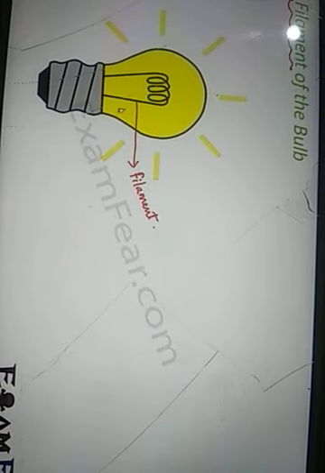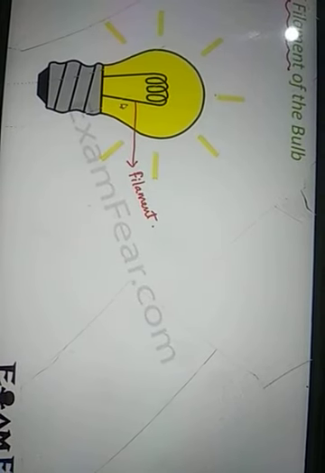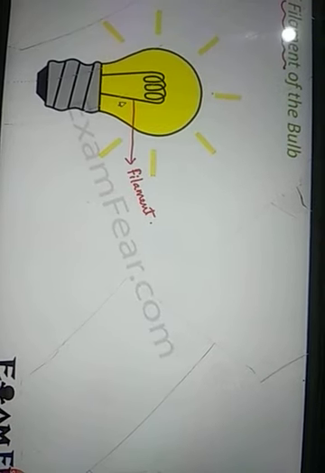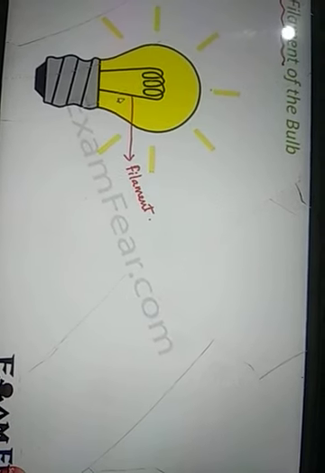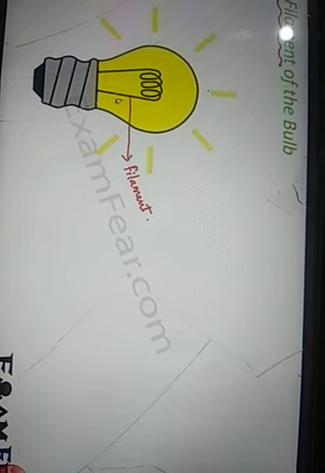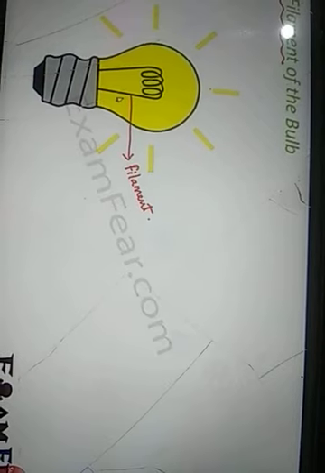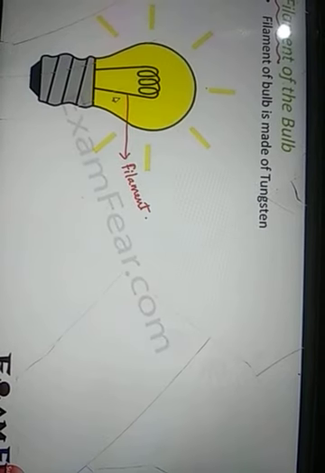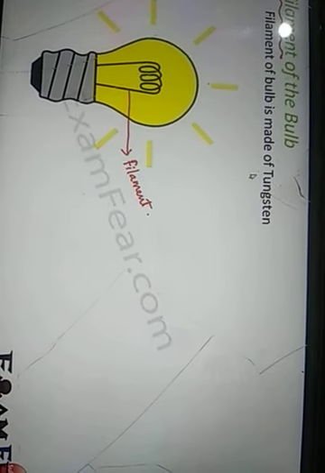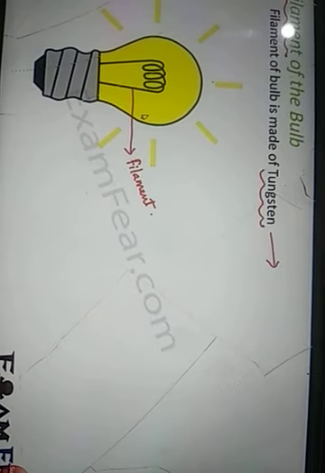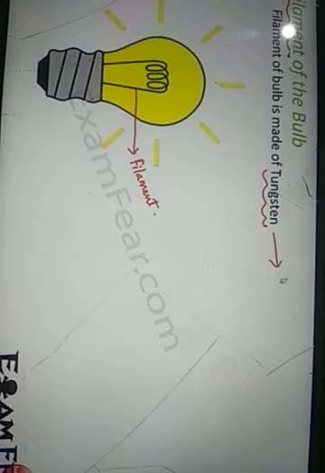Therefore, we need to choose a metal which has a very high melting point. If it has a very high melting point, that means it will melt only at a very high temperature. So the filament of the bulb is made up of a metal called tungsten, and the property of tungsten that attracted it to this use is that it has a high melting point.